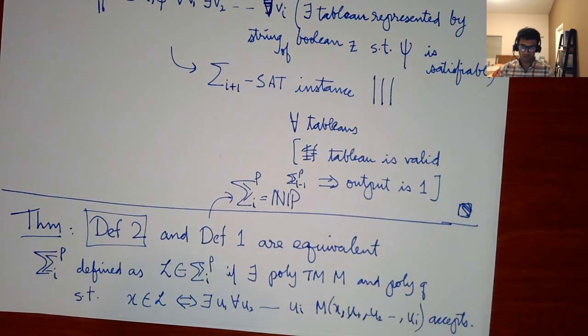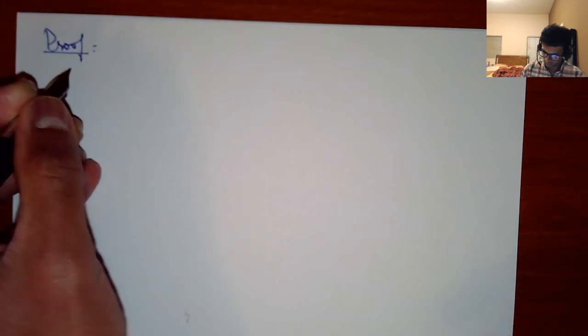So we want to show that these two are the same. And so we'll see that one side is actually pretty easy and the other side is more complicated. So let's prove one side.